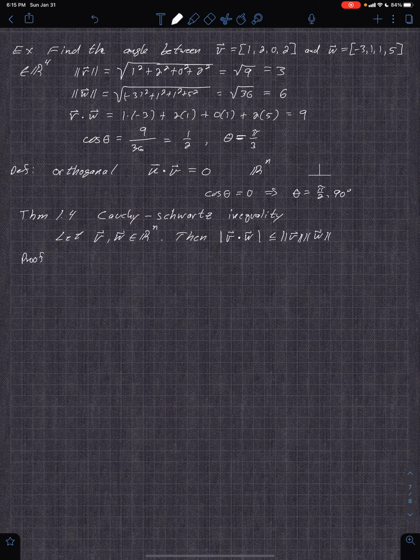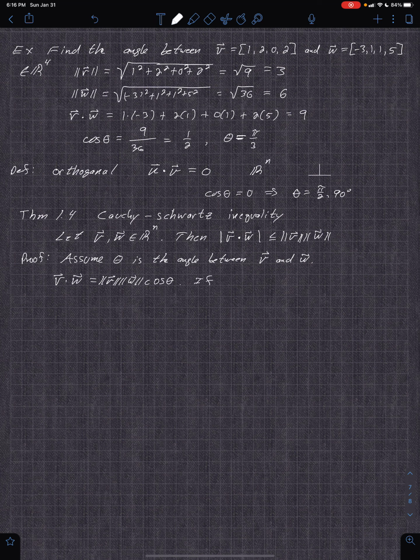Now this will be a proof using an angle. So we're going to assume theta is the angle between V and W. So we have that V dot W is equal to magnitude V, magnitude W cosine theta.